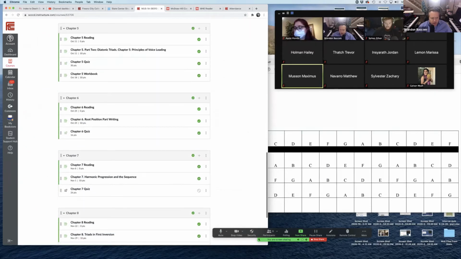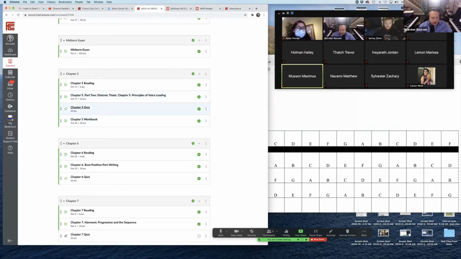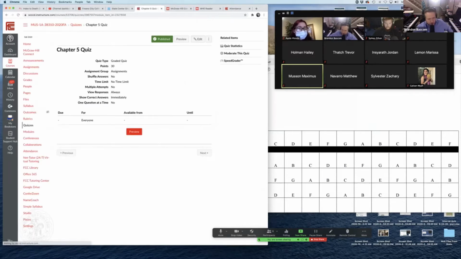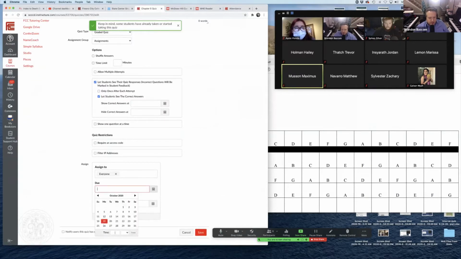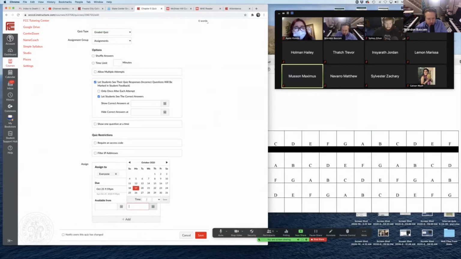Section A is wanting you to critique a melody and talk about what is wrong with the melody. Section B is wanting you to critique part writing, so finding all the part writing errors that occur.